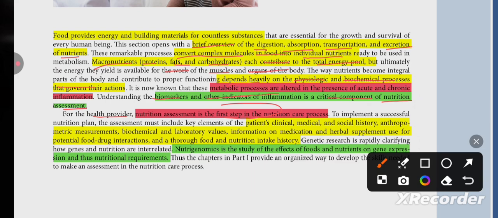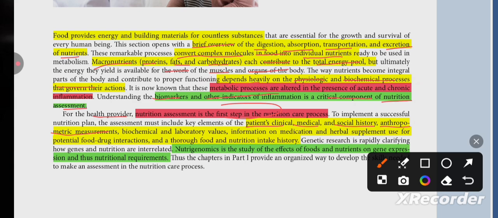Now we will discuss what the key elements of assessment are. The first one is the patient's clinical, medical and social history. Next is anthropometric measurements, in which we measure weight, height and age.